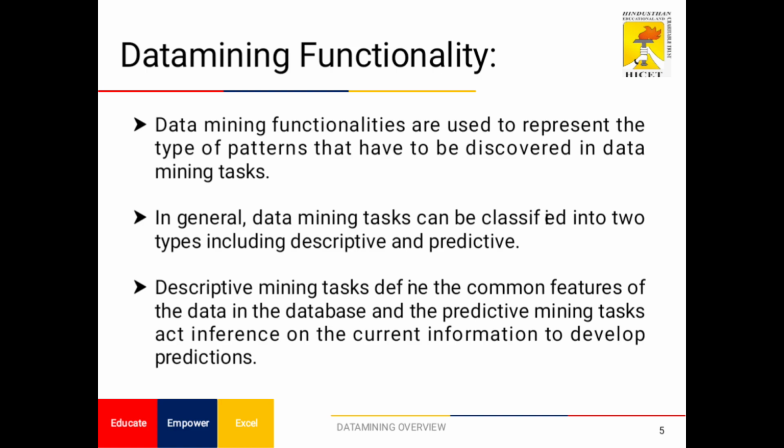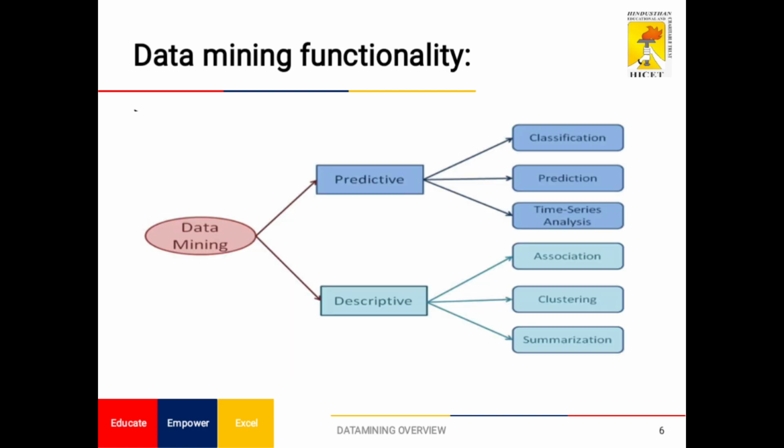This can act as an inference from the current information to develop new data sets based on the old sets. This is the sample flow diagram. Normally we can call it a classification diagram, because in prediction we have three more steps: classification, prediction and time series analysis.